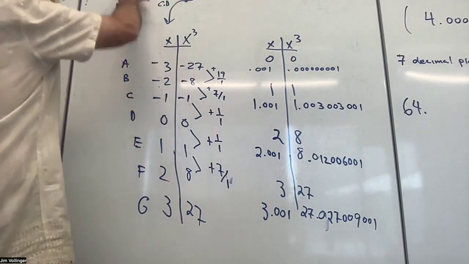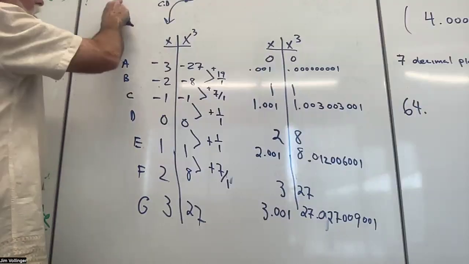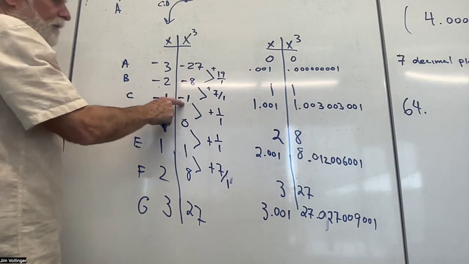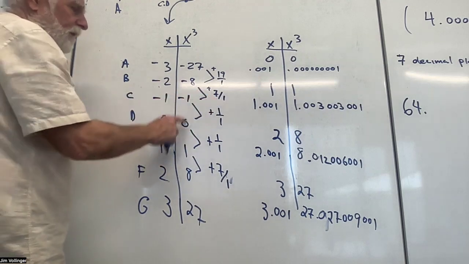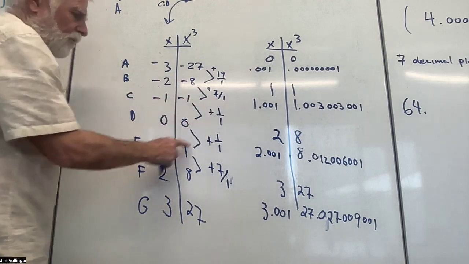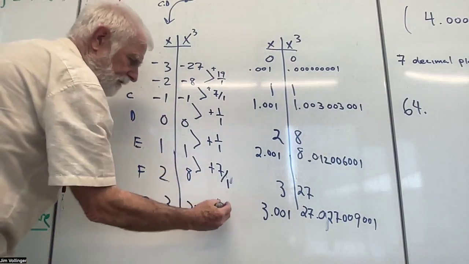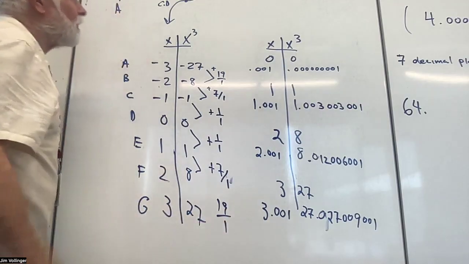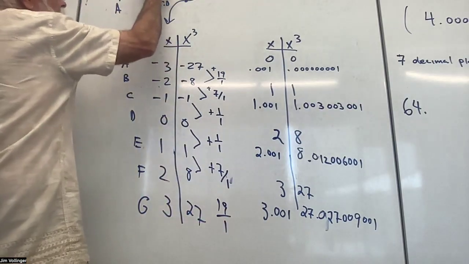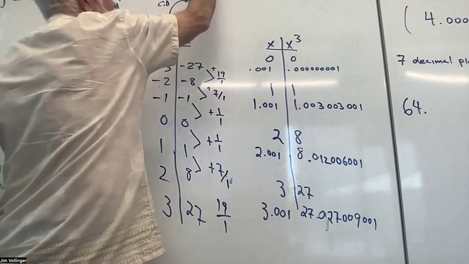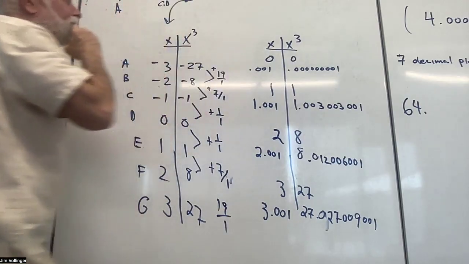And we can see that we went up from A to B at about a 19 to 1 clip. And from -8 to -1 is a 7 to 1 clip. -1 to 0 is a 1 to 1, 0 to 1, 1 to 1, 1 to 8, 7, 8 to 27, 19 to 1. And you can kind of get a feeling for the shape of the graph by just looking at those rates of change. We call those average rates of change.